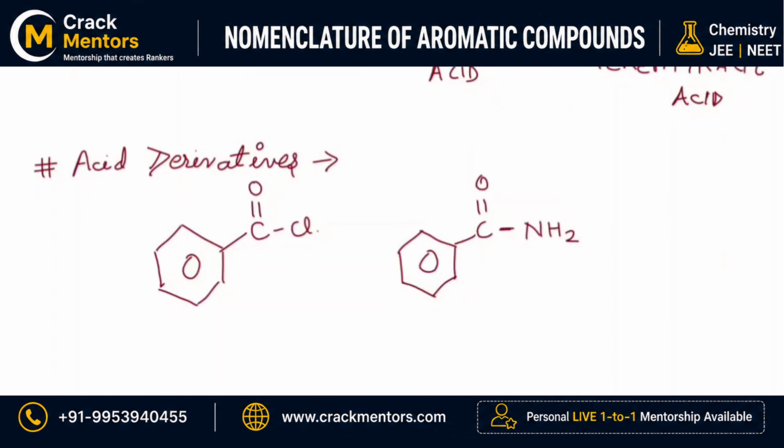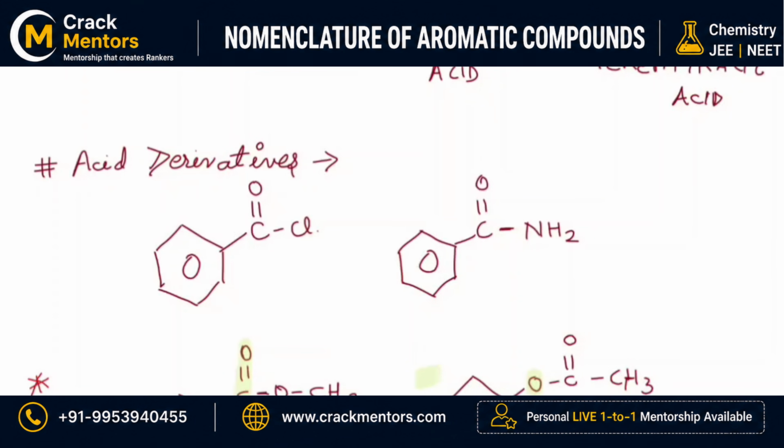In the third, in the place of C double bond OH, I am going to write O, CH3. In the next example, I am going to write O, C double bond O, CH3. Now some of you think that this and this both are the same. No, these structures are not the same. On the one hand, benzene has been attached to C double bond O. In the second case, benzene has been attached to the oxygen. So these two things are really very different, and it's a star mark for you.